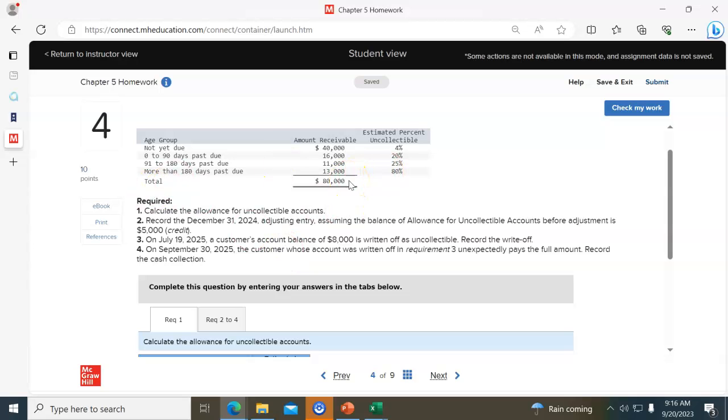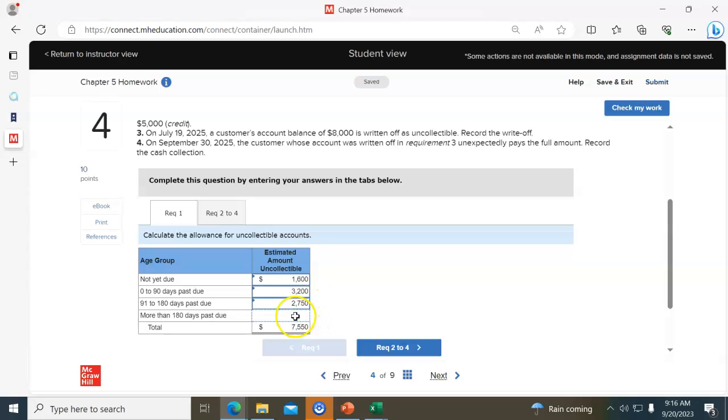80% of 13,000? What do y'all think? 10,040 or 10,400? 10,400. Does that make sense what we're doing here, guys?